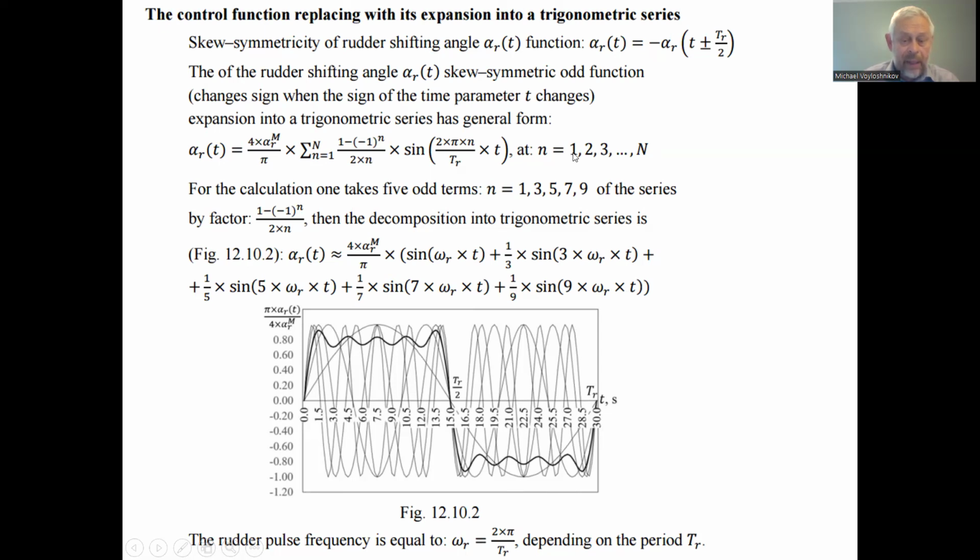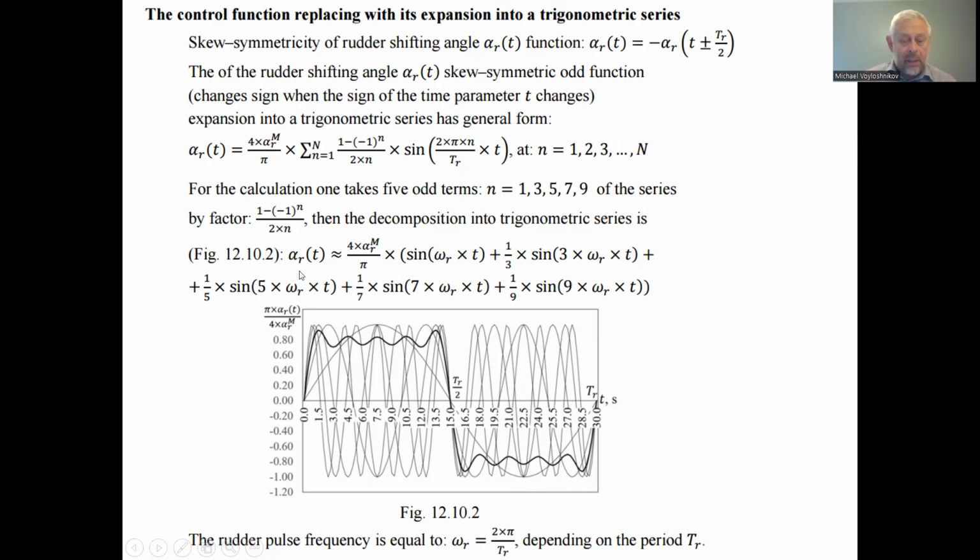For the fourth term, for example, it is 0, for the second it is 0, and for the third it is 1 divided by 3, etc. So we have the sequence of the expansion of the terms in the definite appropriate way. We have only the odd terms in the expansion of the function into the Fourier series. This is for the skew symmetric function.